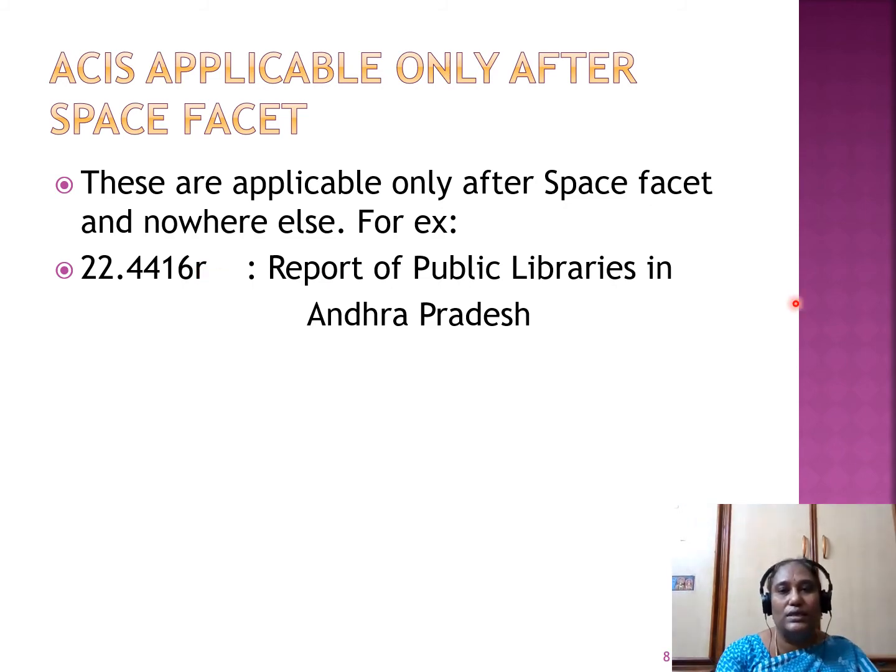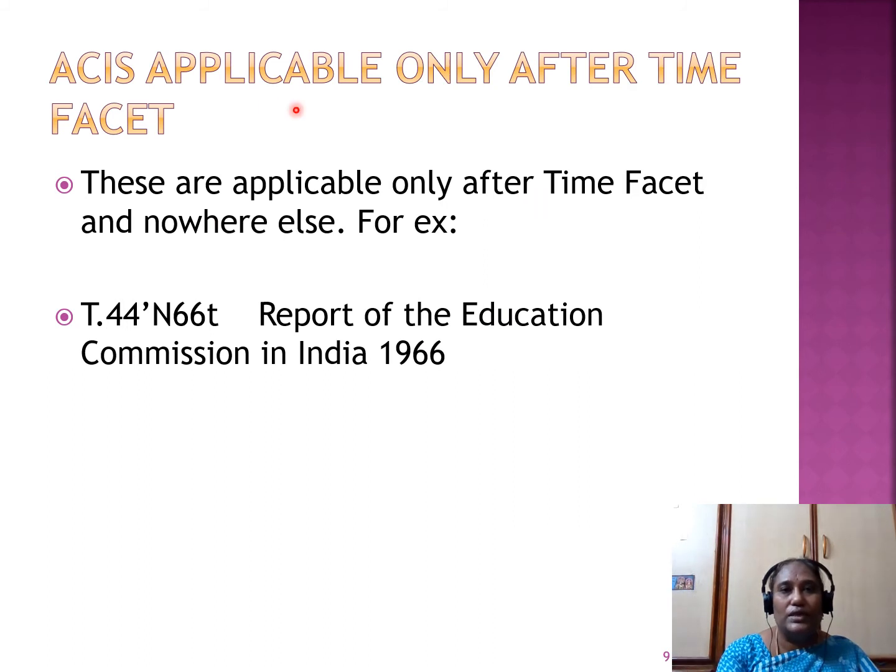So this is the second group, and coming to anteriorizing common isolates applicable only after time. These are applicable only after the time facet and nowhere else. For example, here there is an example: report of the Education Commission in India, 1966. Here E is the basic subject for education, dot 44 is for India, the space isolate, and 1966 is the time.